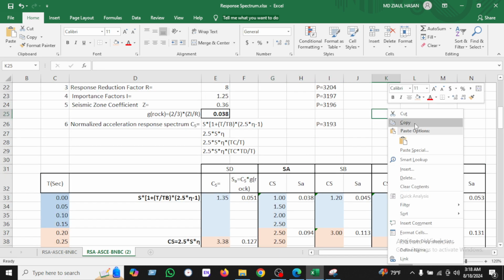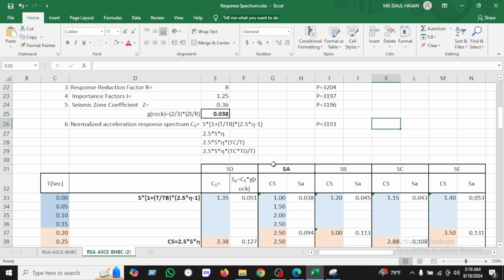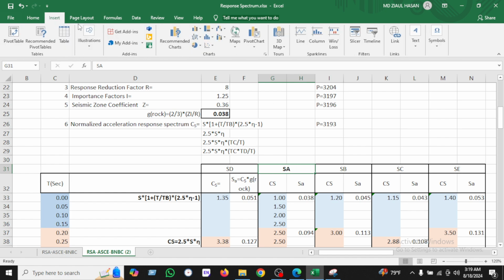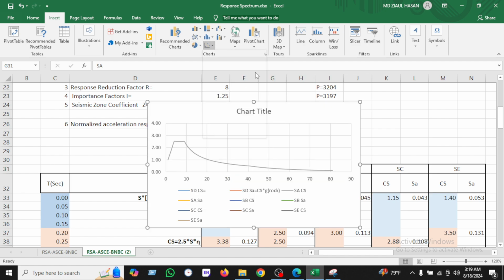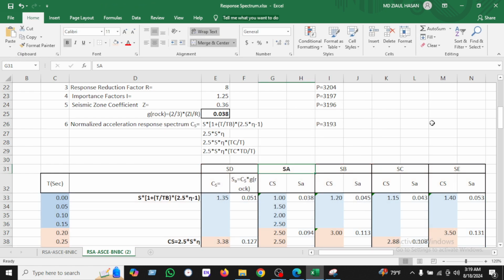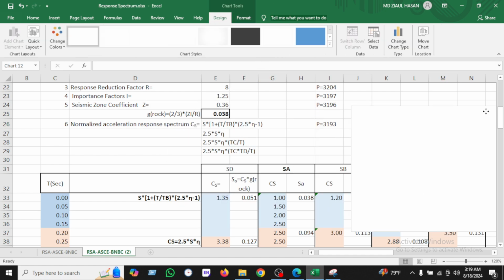If we want to draw the response spectrum of Sa, we can go to the insert menu and choose insert scatter.